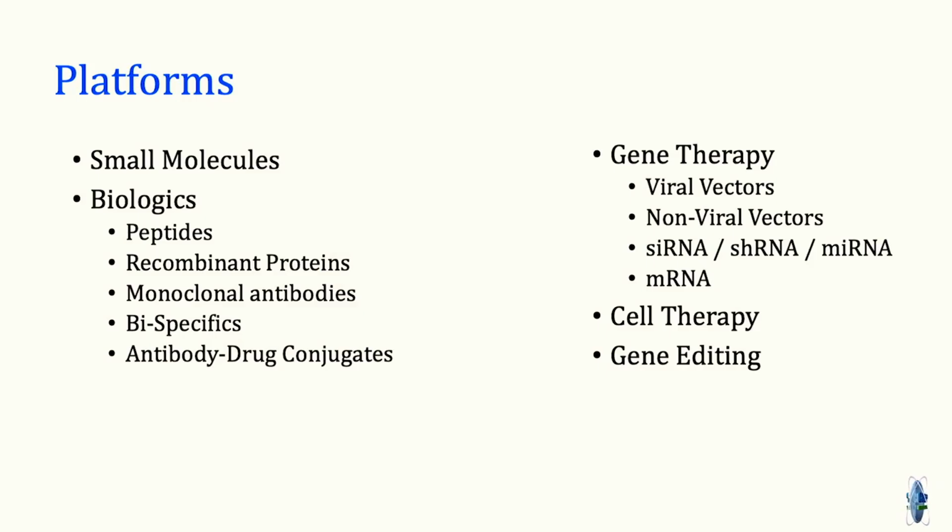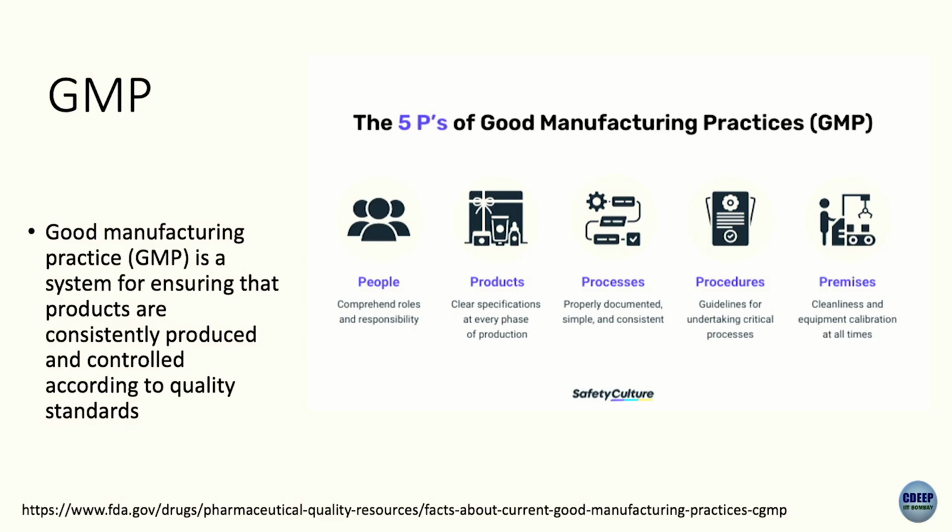These are biologics drugs, and each drug's manufacturing requires a different kind of platform. Where are these drugs prepared and what are the protocols? Generally they are prepared under GMP, good manufacturing practices.